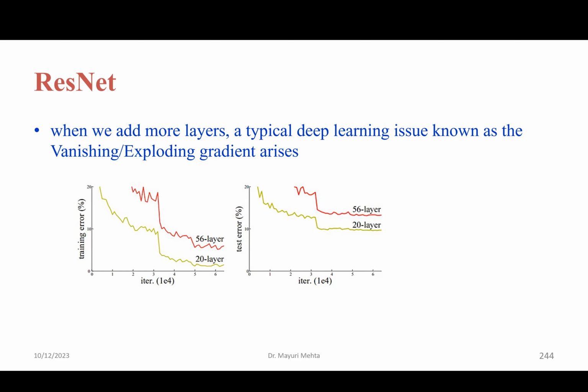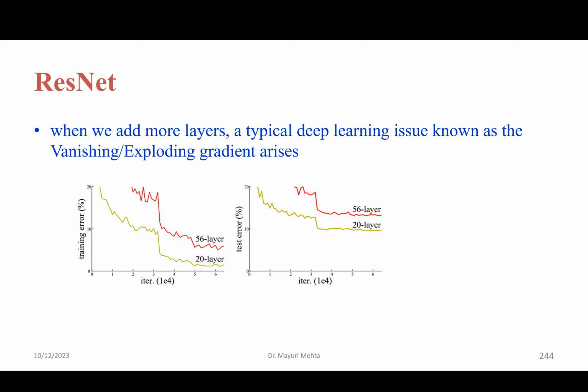This is effective for a smaller number of layers, but when we add more layers, a typical deep learning issue known as vanishing gradient or exploding gradient arises. This results in the gradient becoming zero or overly large. Therefore, the training and test error rate increases as the number of layers is increased.